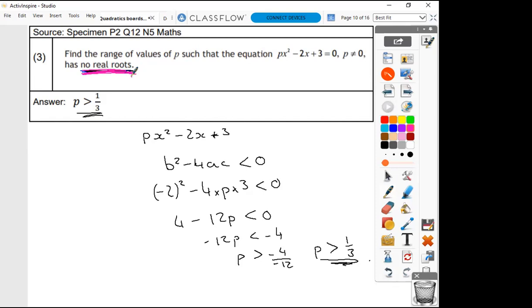For that to happen, p must be greater than 1/3. It says range here. That's a range because it's any value greater than 1/3. So any number that's bigger than 1/3 could go into that equation and have no real roots.